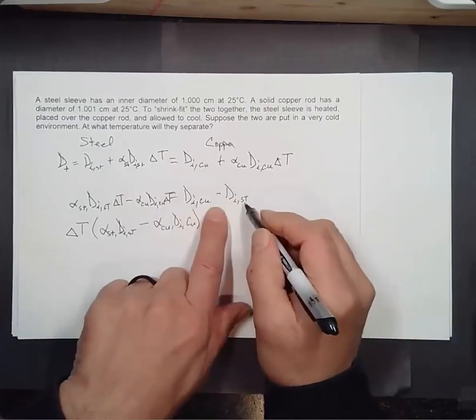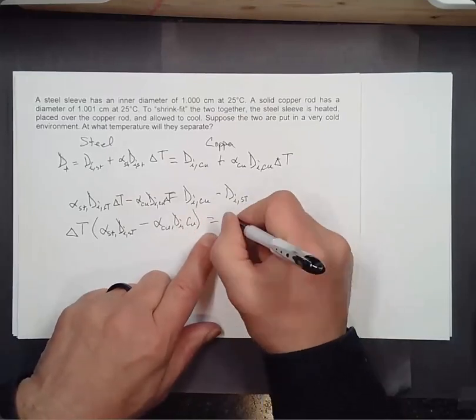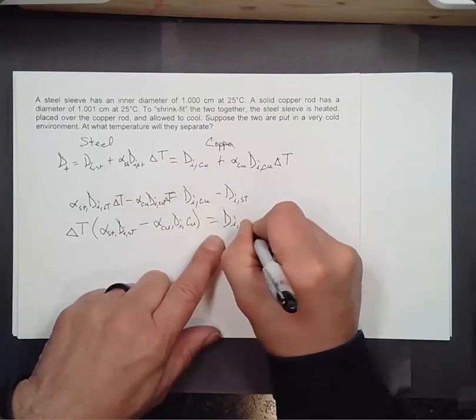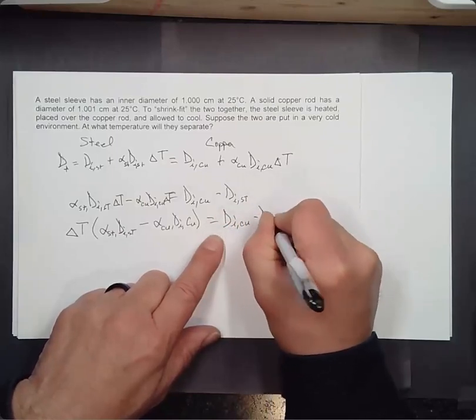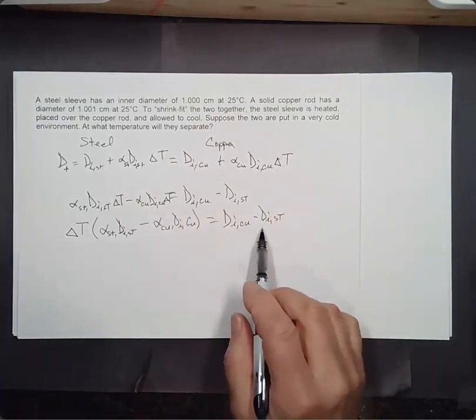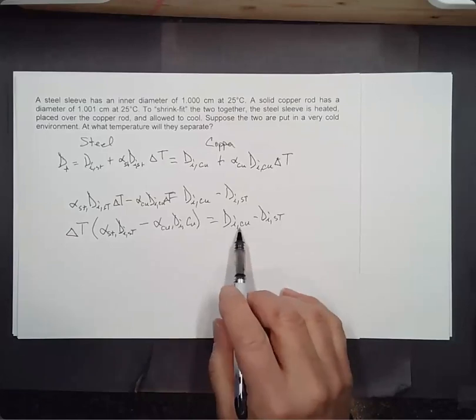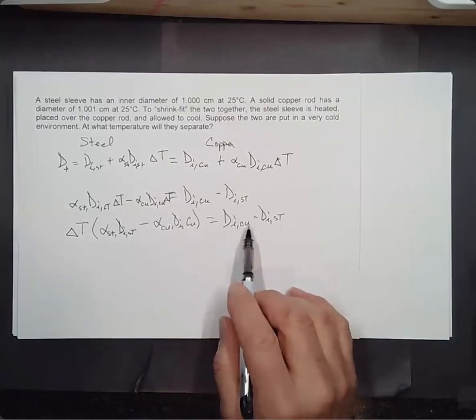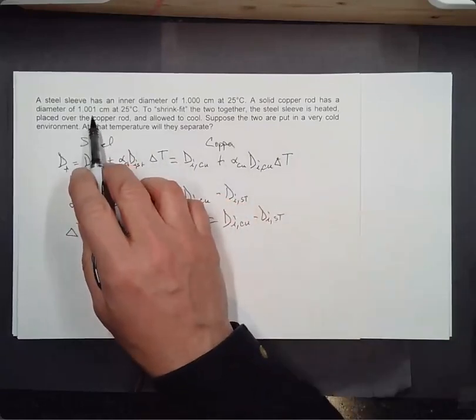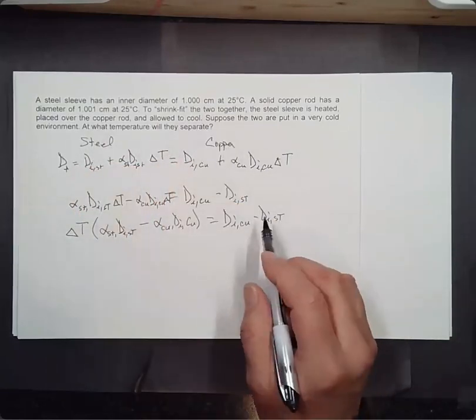And that's going to equal this difference right here. Now, one thing about this problem here, this difference here is going to be 1.001 minus 1.000.